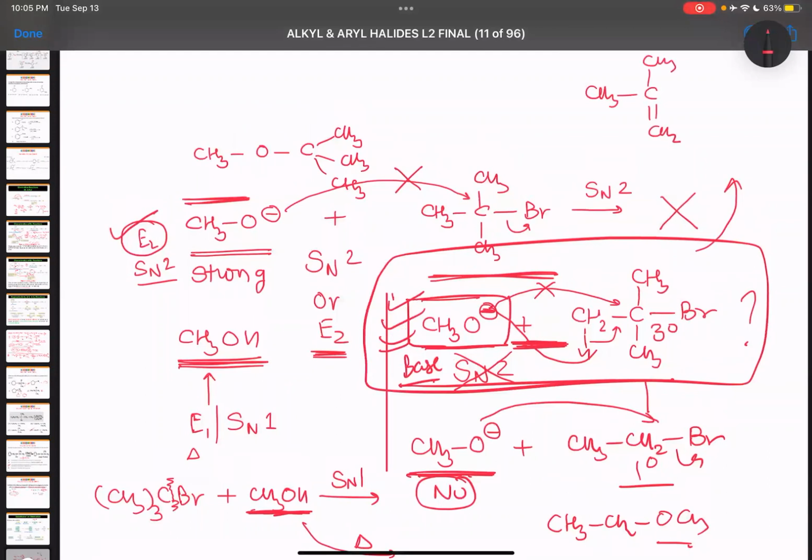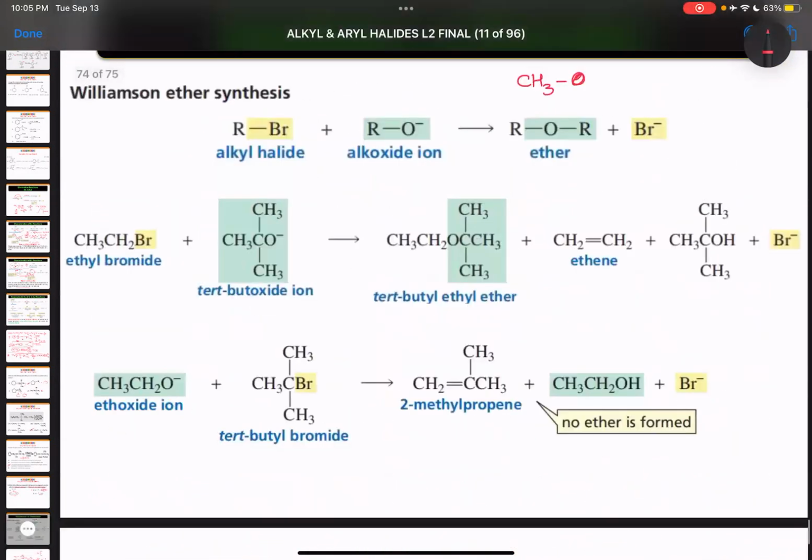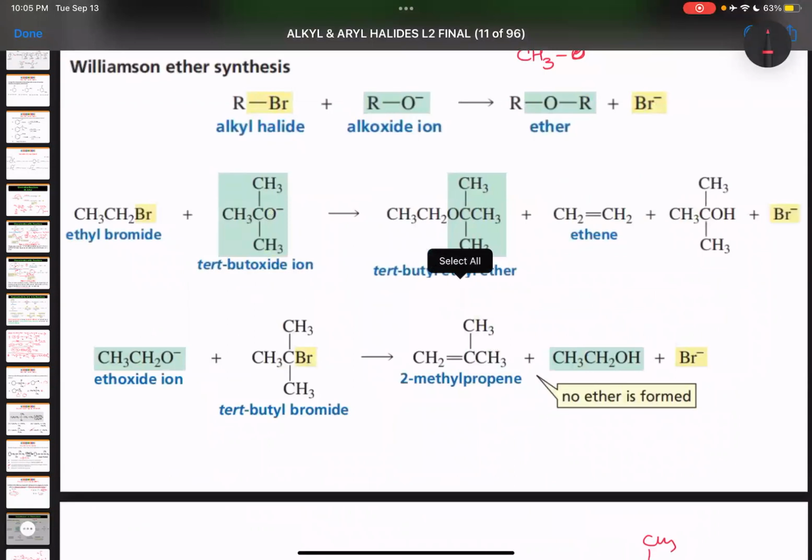So in Williamson ether synthesis, you need to choose your alkyl halide very carefully. You should not take an alkyl halide which is branched. Because if you do this and expect the ether to form, the ether will not form, SN2 will not happen. Instead, elimination will happen. E2 will happen. Is it clear?